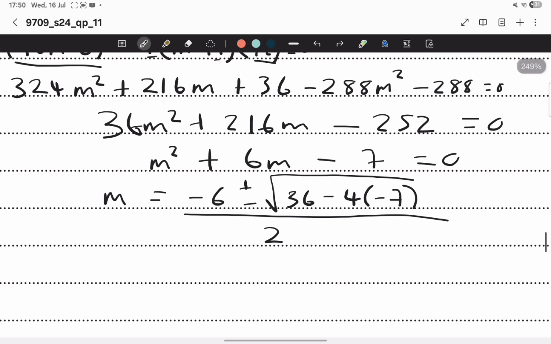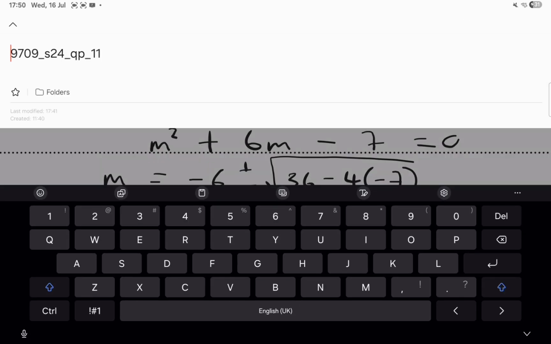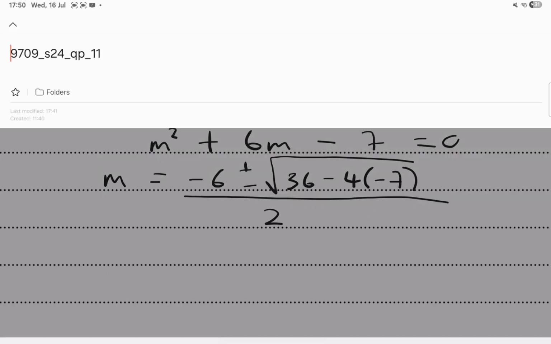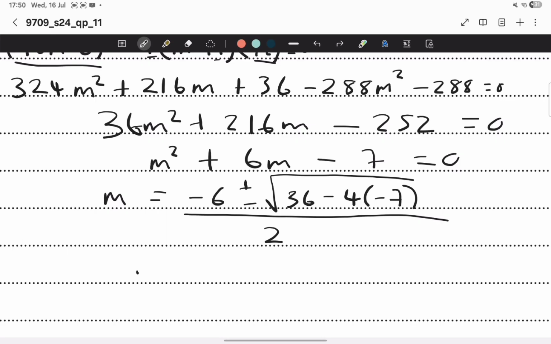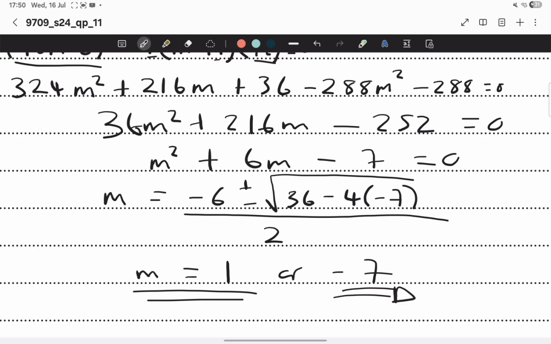Then if we punch this into our calculators, we get m = 1 or m = −7, and these are the two values of m that we've been asked to calculate.